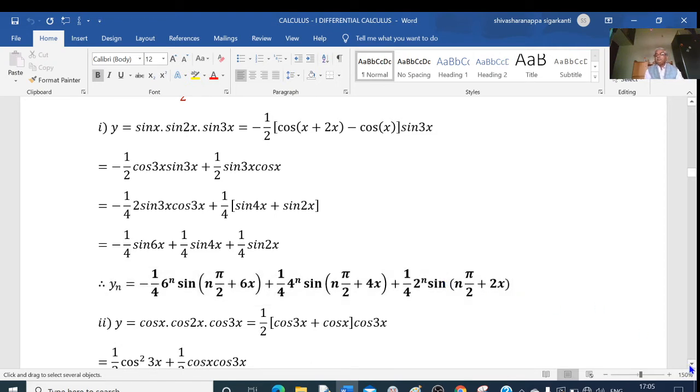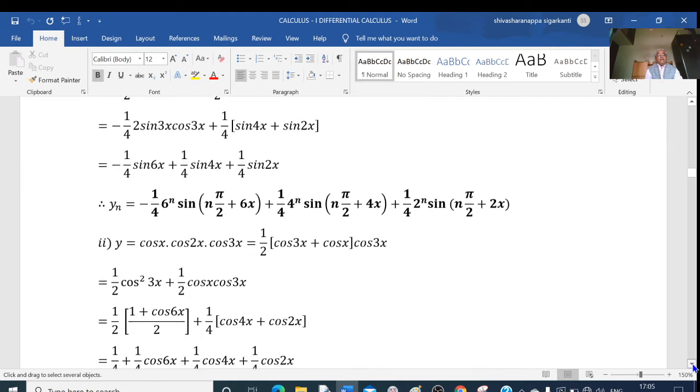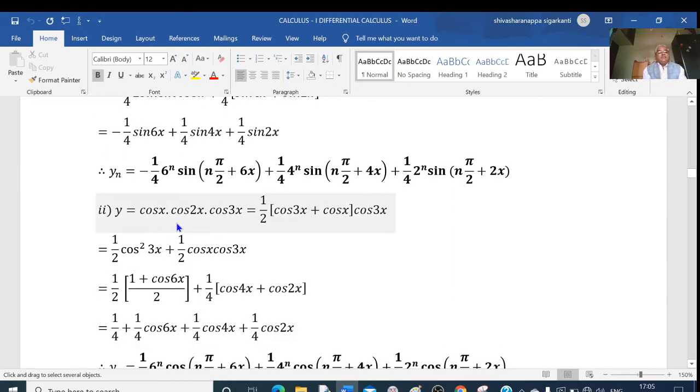This is the nth derivative. Similarly, the second example is y equal to cos x cos 2x cos 3x. I will keep this cos 3x as it is. Cos cos can be written as half into cos plus cos. That is half into cos of, for the first one, a plus b, that is addition, x plus 2x is 3x, plus cos of a minus b, x minus 2x is minus x.